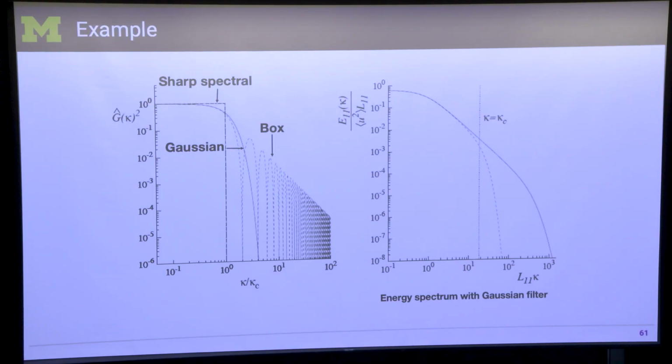And it turns out every idea in itself contains the seed of its own destruction. Once you have this filter, the Gaussian filter or this box filter, it slowly takes you away from your ideal world of a sharp spectral cutoff. So now you are left with some more small scales, and you don't know what to do with them because you're proceeding with modeling, assuming all the small scales are gone.